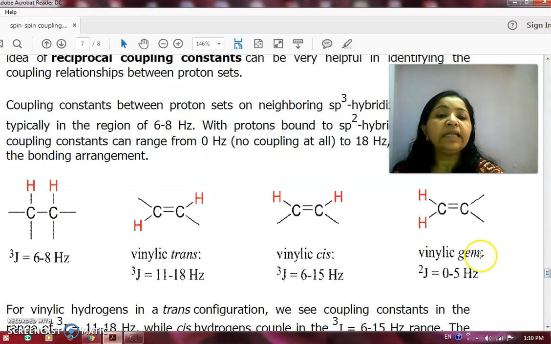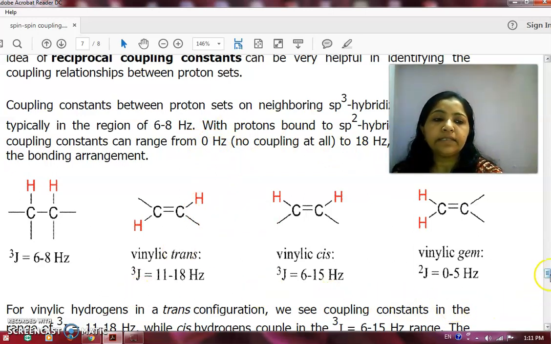Okay, now vinylic geminal means vinylic but on the same carbon. Here you see what is the bond gap. It is 2: one bond, another bond, so it is 2. So here you can have a value of 0 to 5. Therefore the range is 0 to 18 for vinylic.